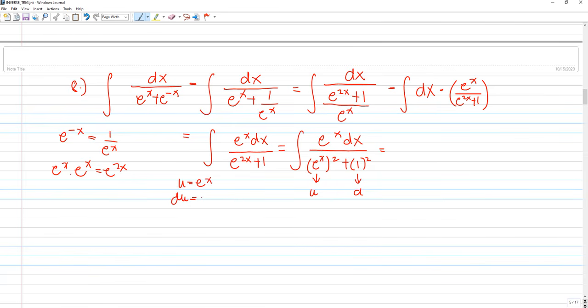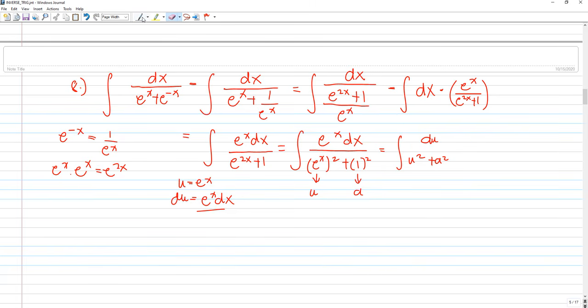Derivative of u with respect to x is e raised to x dx. And we can easily substitute it. So e raised to x dx equals du, all over u squared plus a squared.